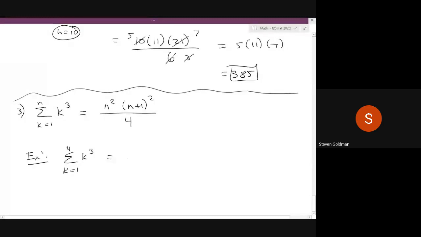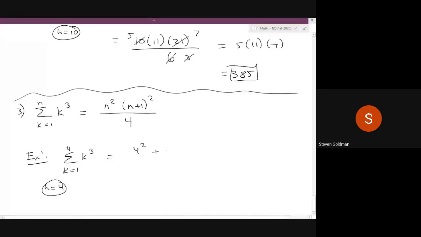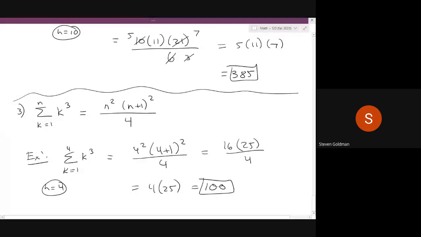Using this formula, where here n is 4, that would be 4 squared times 4 plus 1 squared over 4. So that's 16 times 4 plus 1 is 5 squared is 25 over 4. 16 over 4, that's 4 times 25, which is 100.